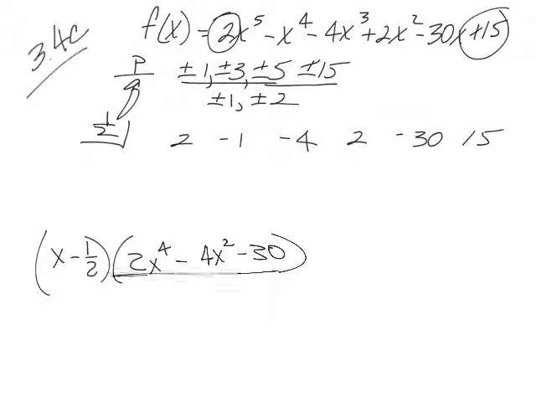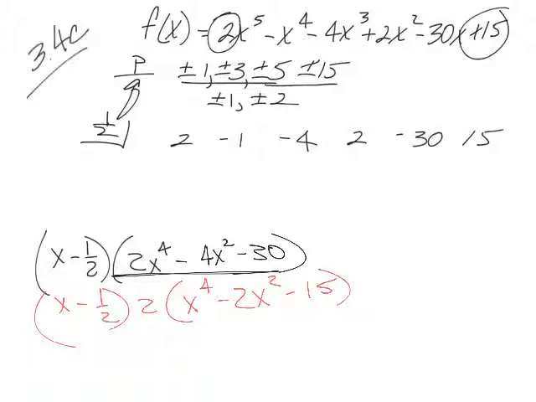Now I could do synthetic division on that if I want to, but probably what I would do first is factor out a 2, and the book does that too. Okay, that helps me out a lot.